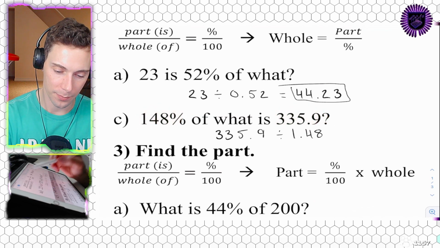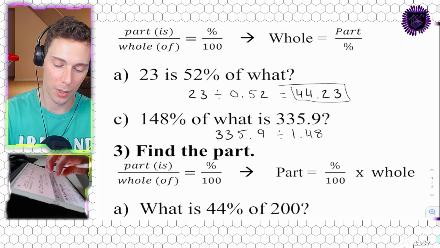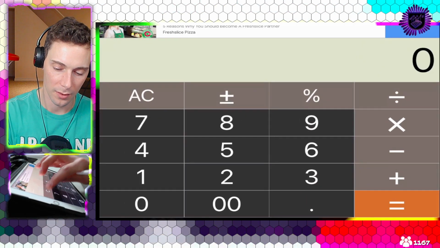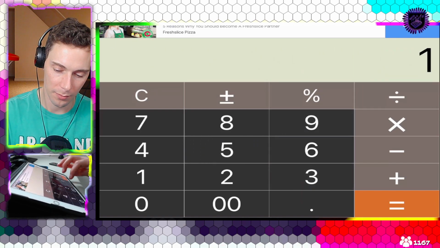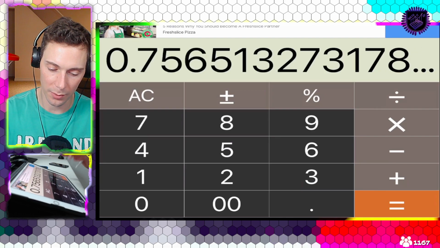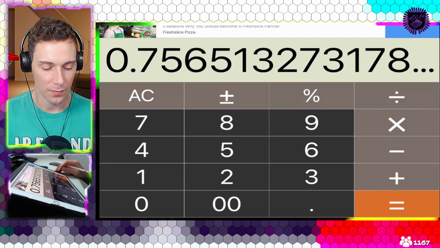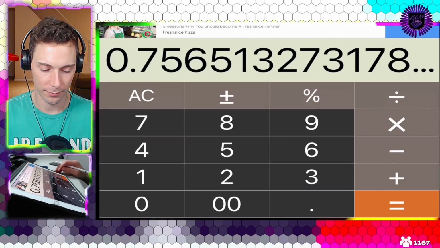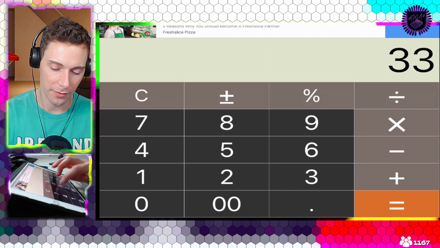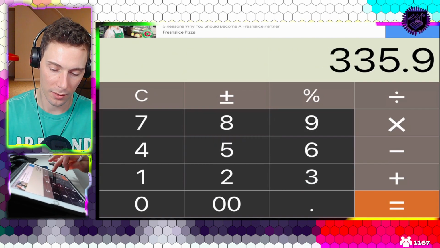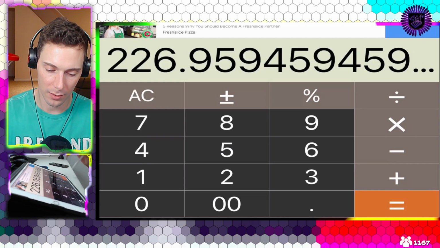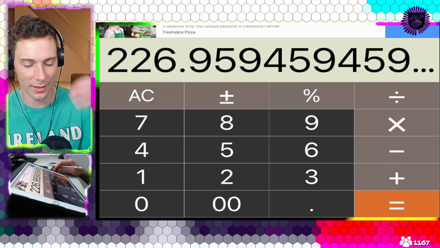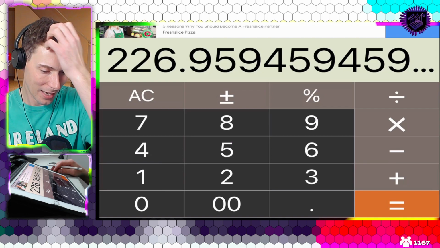So we're going to go 335.9 divided by 1.48, which is equal to 226.96.